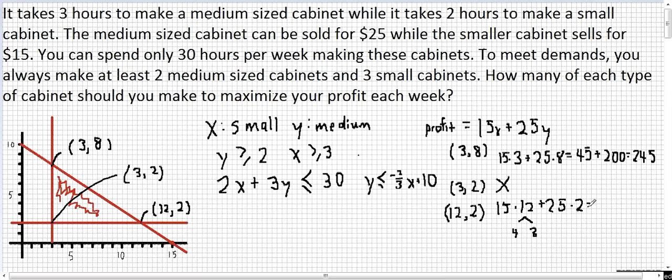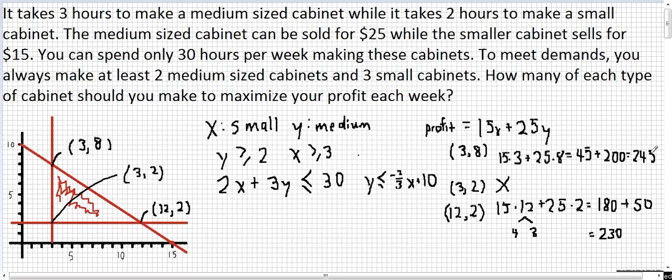Then 15 times 4 is equal to 60. And 60 times 3 is equal to 180. Then 25 multiplied by 2 is equal to 50. And 180 plus 50 is equal to 230.